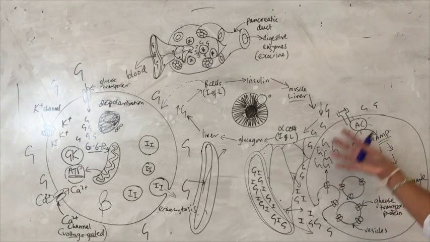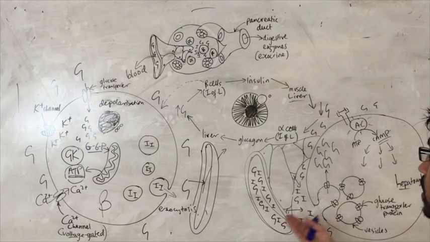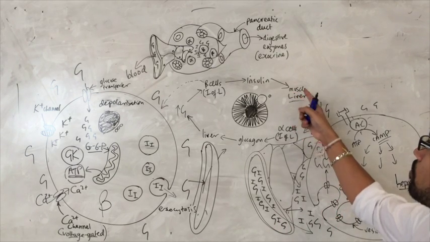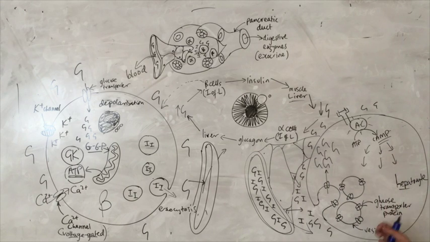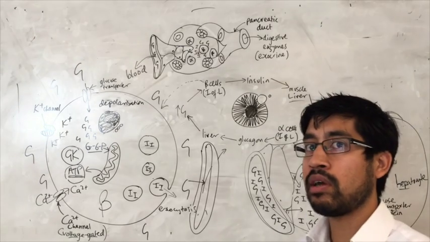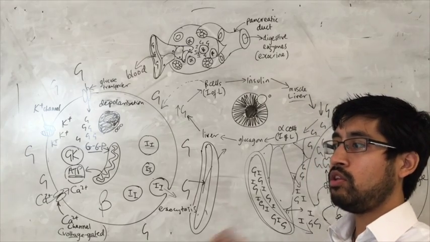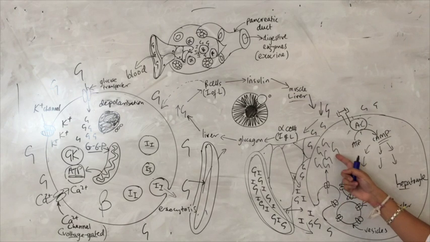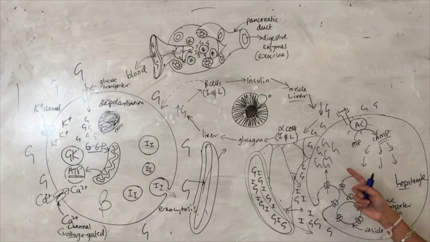If there's a high concentration of glucose within this cell, more will not enter, and therefore the liver will not be able to carry out its function of lowering the blood glucose levels. So glucose enters, and it must be utilized. It must be used up in some way so that we maintain a low concentration of glucose inside this cell.